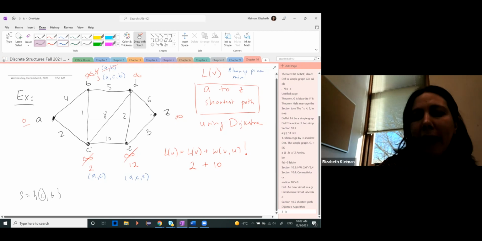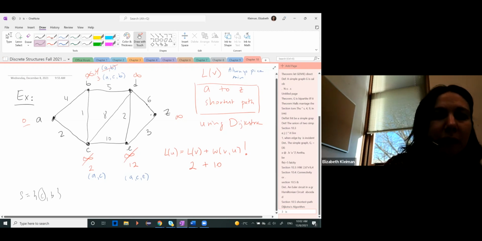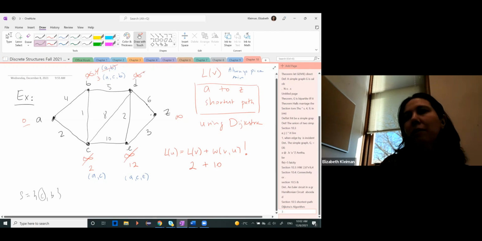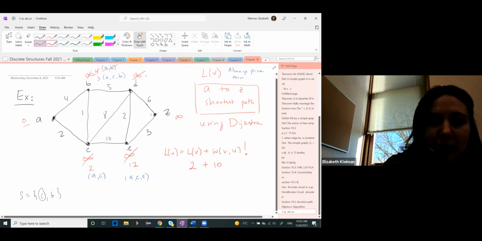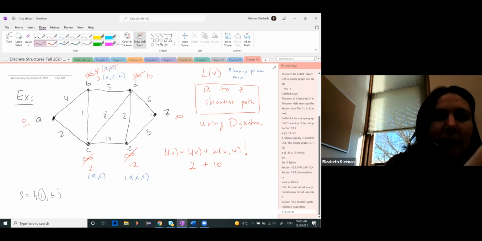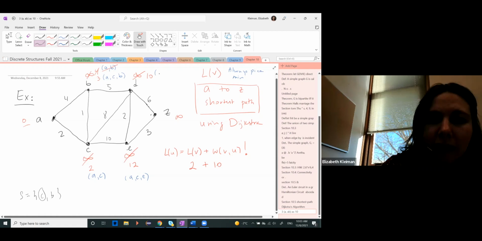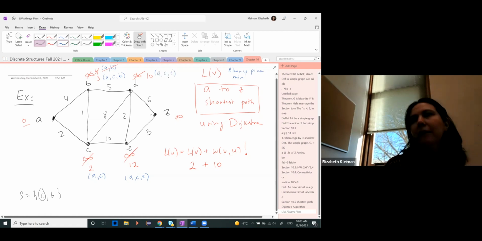There is one more edge directly from C, which is C to D. So I can definitely change this one. I'm coming from C. 10 it is, and the way we got here is A, C, E.